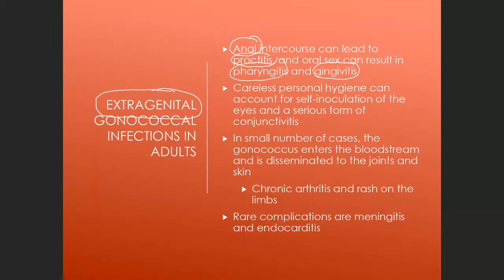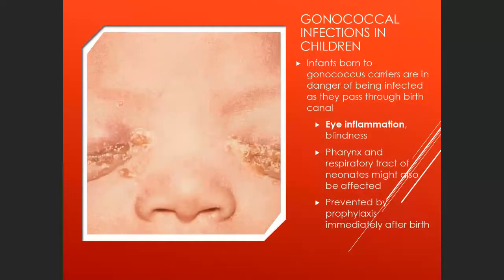It can also cause infection of the eyes, conjunctivitis. Some of them even enter the bloodstream and cause chronic arthritis if they go to the joint tissue, and then some rash on the limbs. Meningitis and endocarditis are rare complications of Neisseria gonorrhoeae.